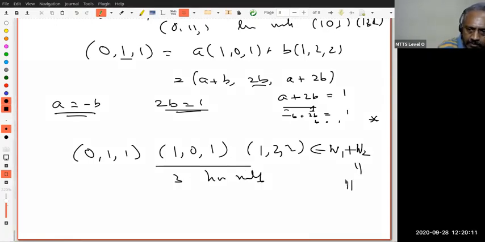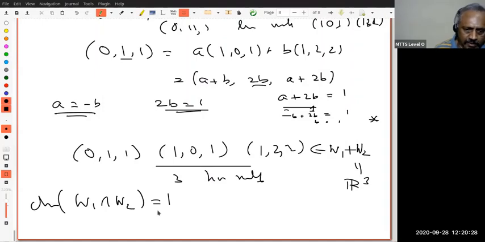Therefore, the dimension of W1 plus W2 must be at least 3, but it is a subspace of R3, so its dimension is at most 3. Therefore, the dimension of W1 intersection W2 must be equal to 1, right?